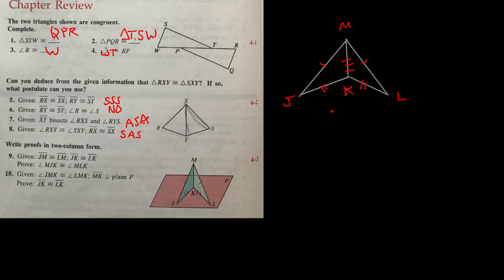Okay, let's do the next one. I'm just going to erase the markings in my triangle because we have to do new markings. And we'll put our K back on there.